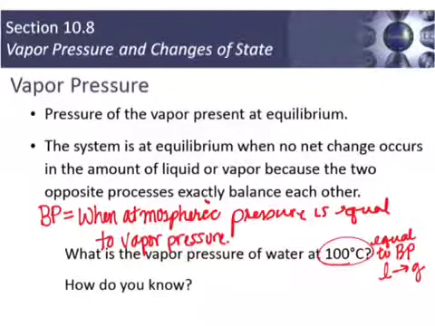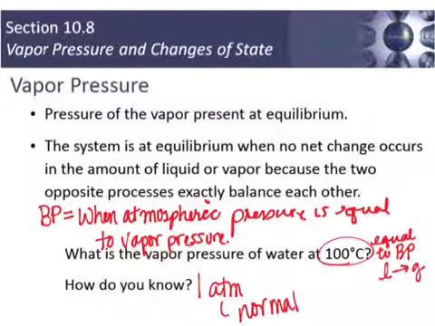So if we were at normal atmosphere, or normal pressure, which would be standard, 1 atmosphere, then that would be when our vapor pressure is equal to our boiling point. We would say that that would be at 1 atmosphere, or normal pressure.